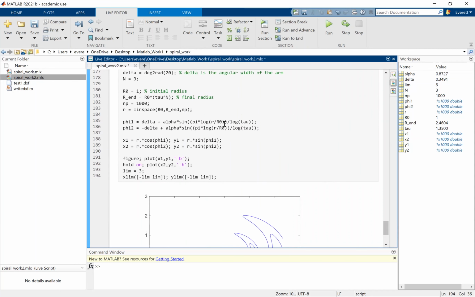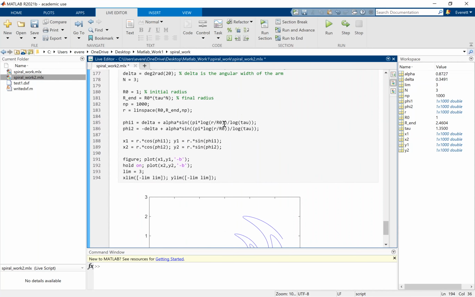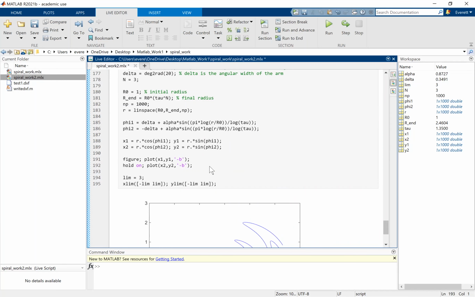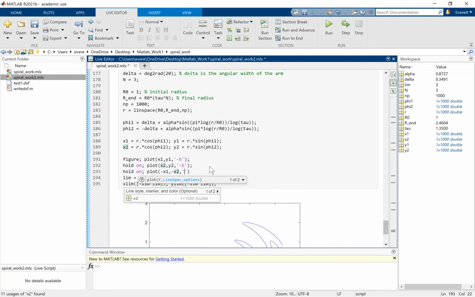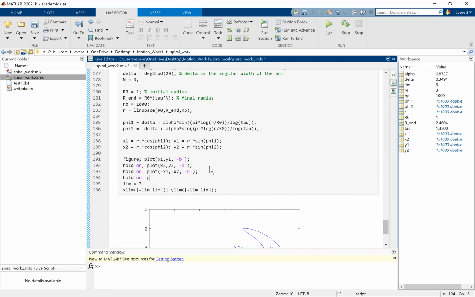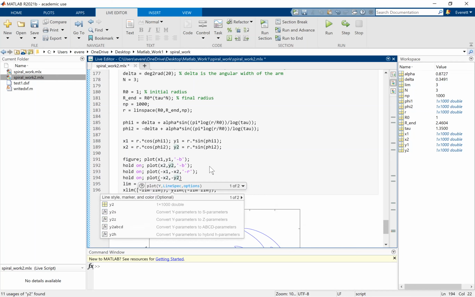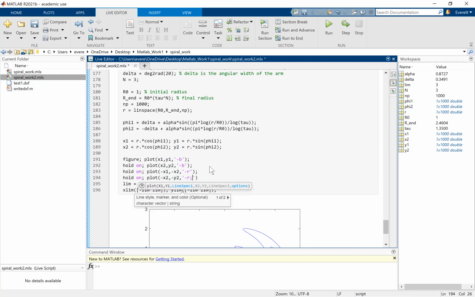All right, so if we want to make our second arm, we just take all of these here and make them negatives. So we'll plot negative x1, negative y1. Let's make this one red. And then we'll hold on. We'll plot negative x2, negative y2. Make this one red.